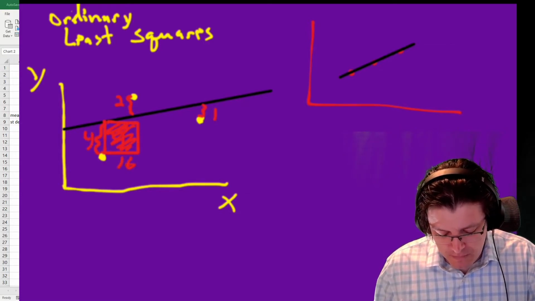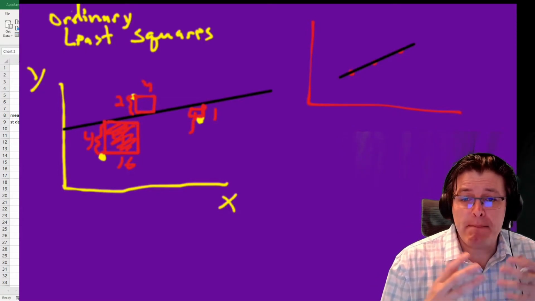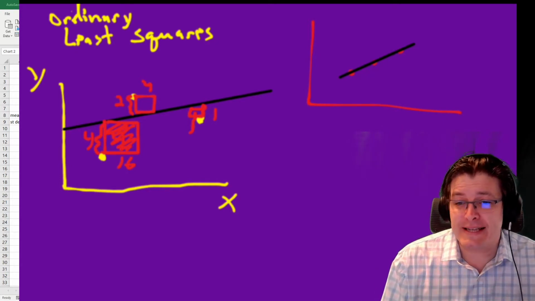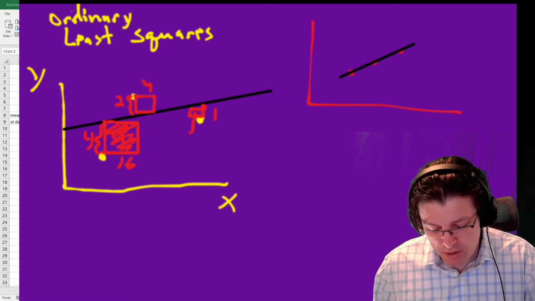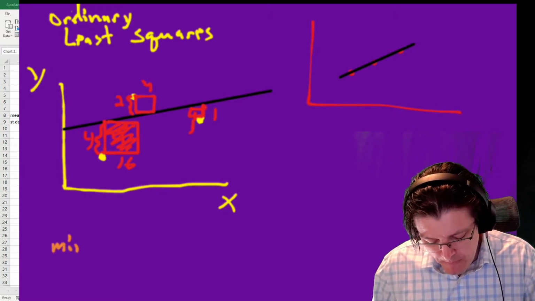And this is going to be 4, and this would still be 1. I'm just showing that we can think of it literally in terms of minimizing the squares, or minimizing the sum of squares.